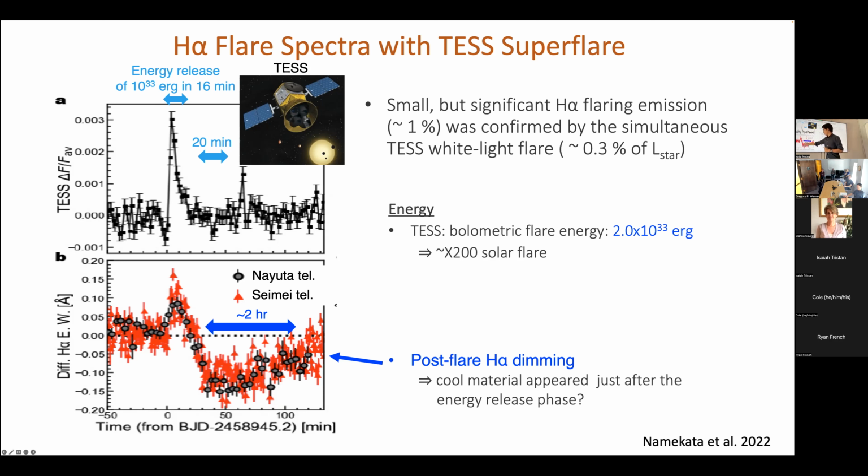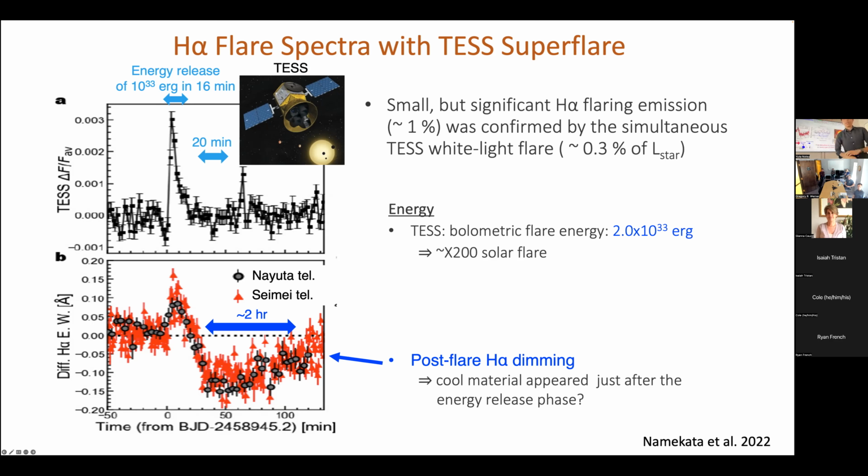This corresponds to post-flare H-alpha dimming. This can correspond to cool material appearing just after the energy release phase. So after the flare, some cool plasma ejecting absorbs the stellar light.